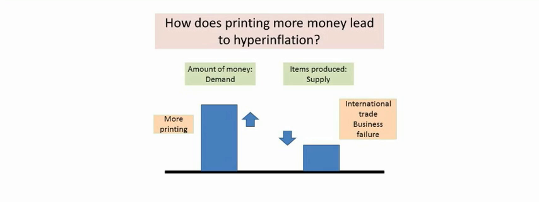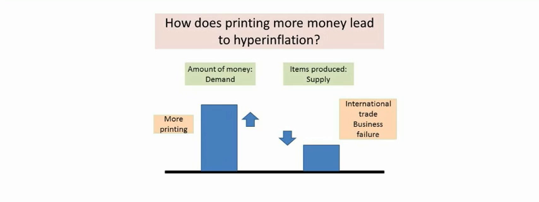And then what happens is after inflation hits a certain point, we start to see two bad effects. Many people who trade with Germany start realizing that they're charging marks, which, when they initially sold it to Germans, was worth a lot. And now they've been given what used to be a lot of money, say 1,000 marks for it, but now that's less money than they thought it was.